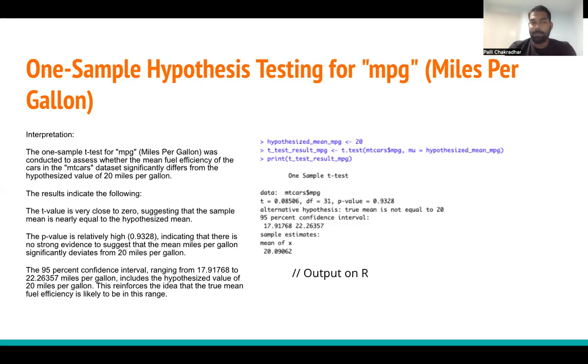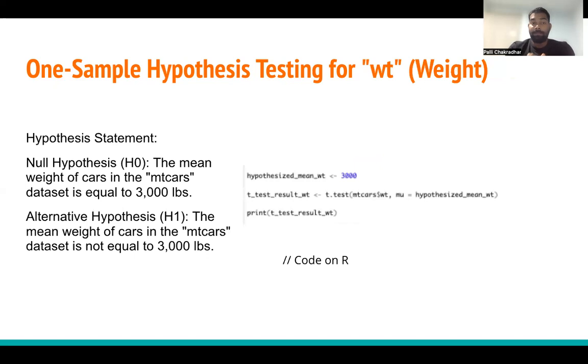The 95% confidence interval ranges from 17.91 to 22.26, which includes the hypothesized value of 20 miles per gallon. This reinforces the idea that the true mean fuel efficiency is likely to be in this range. So this is the output and this is the testing.